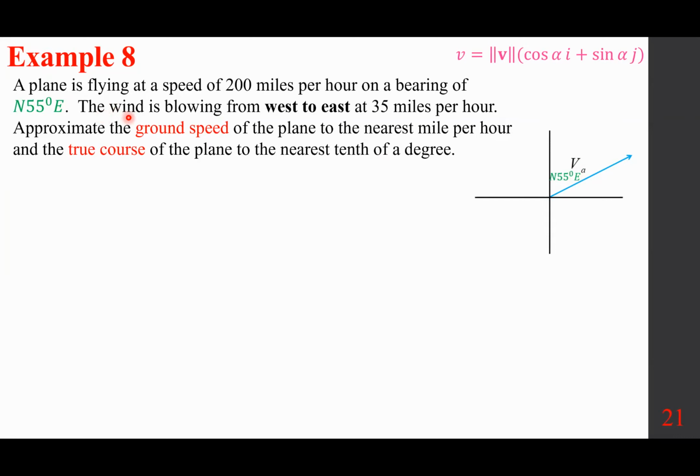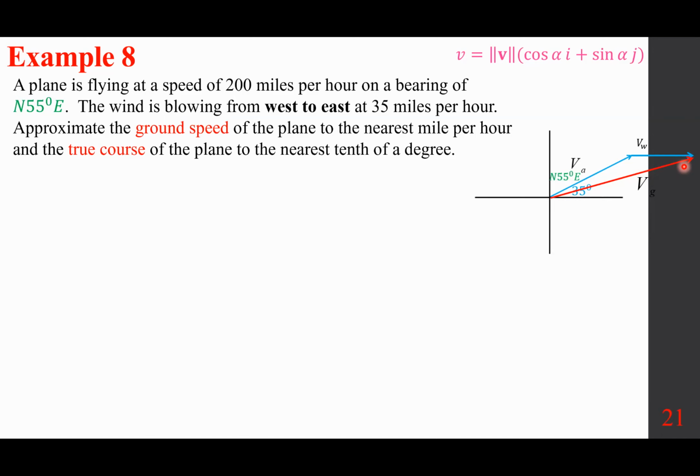The second part, the wind blowing from west to east, going this way, from left to right. That's the wind. And here's the resultant we are looking for. So the true course is going in this direction.